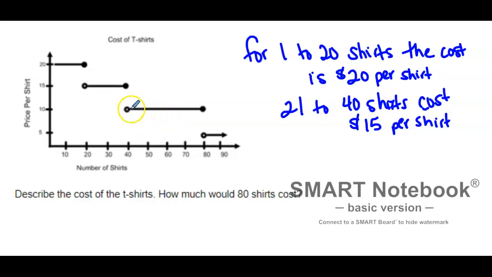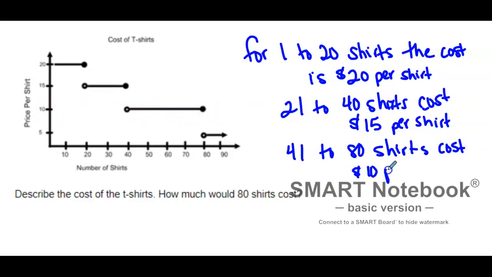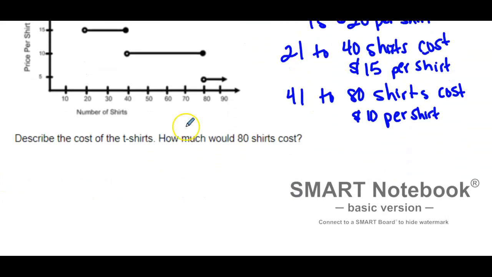And the next interval goes from 41 to 80. So 41 to 80 shirts are purchased, and that cost is going to be $10 per shirt. And then if we look at our last interval here, it's from 81 or more.